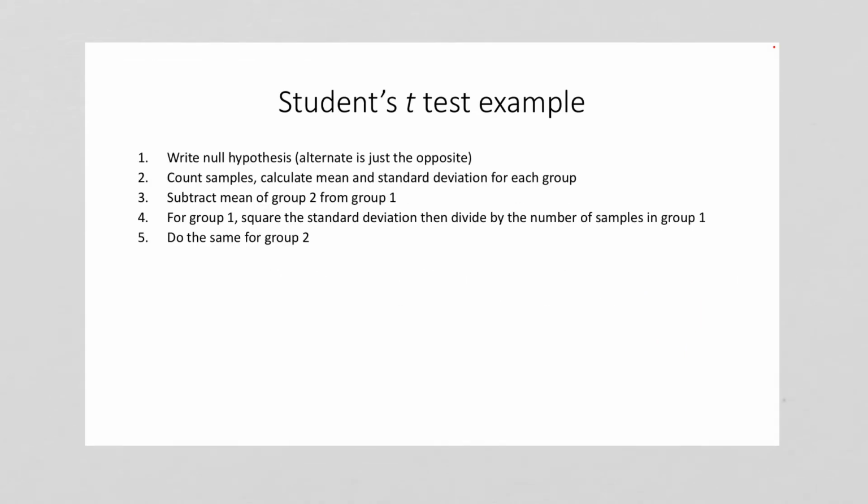Okay, the first thing we're going to do is I'm just going to copy out all of the stuff from the question so that we have it handy. Then we need to write our null hypothesis. So our null hypothesis has to be there's no statistically significant difference between the boys and girls.